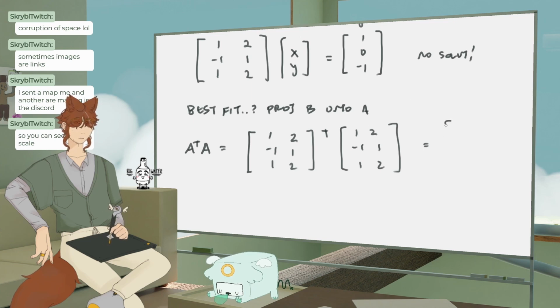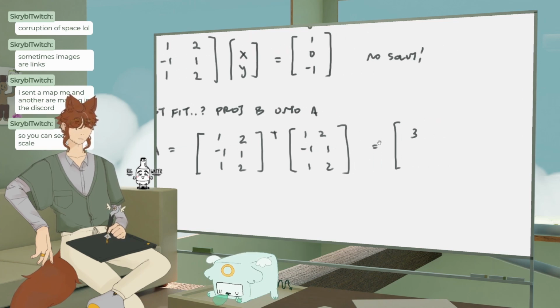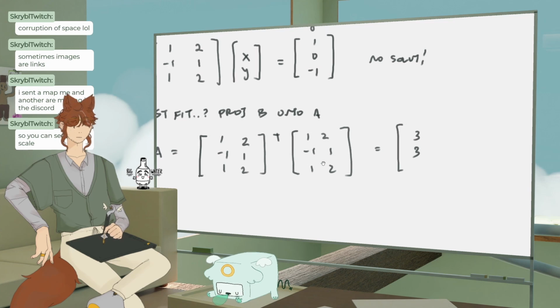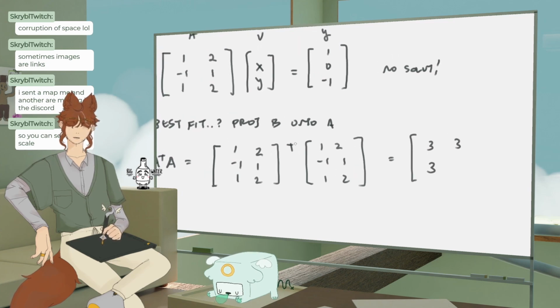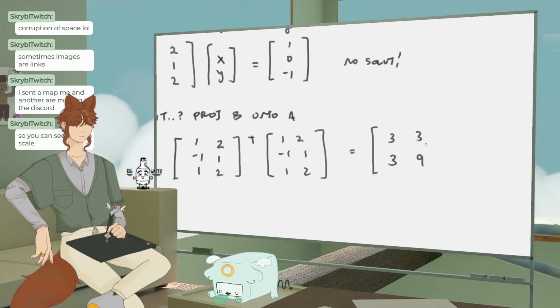1, 1, 1, 3. 2 minus 1, 1 plus 2, 3. And then 4 plus 1 plus 4, 9.